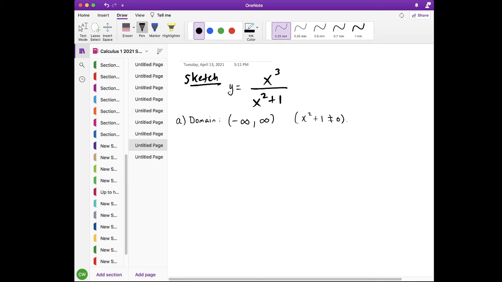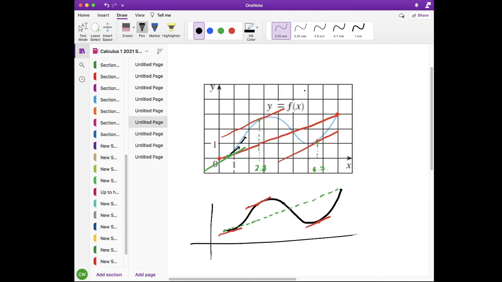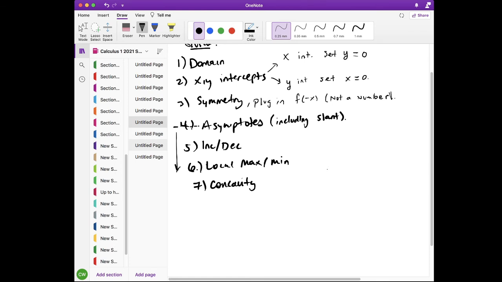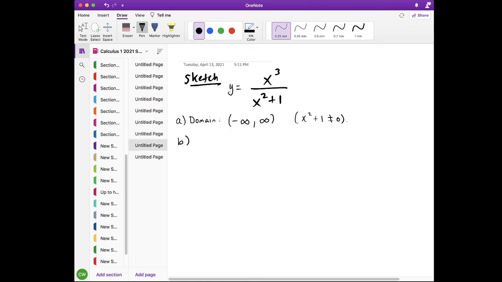Okay, let's do b. What was b? X and y intercepts. Let's do the intercepts. A y-intercept is easier, in general. What's the y-intercept? Remember, there's only one y-intercept, but there could be many x-intercepts.